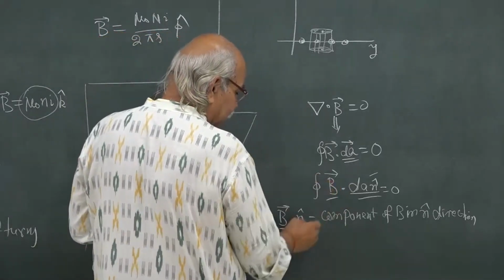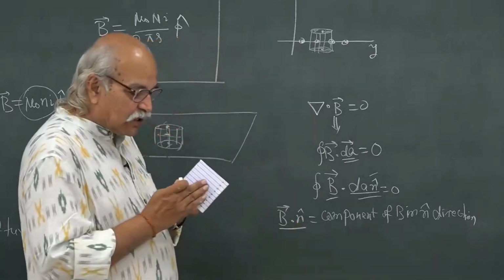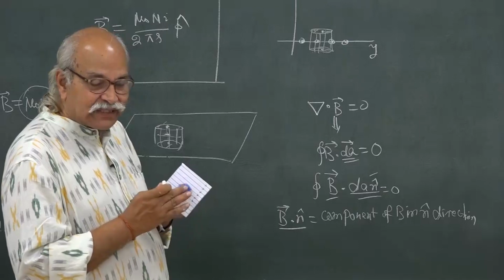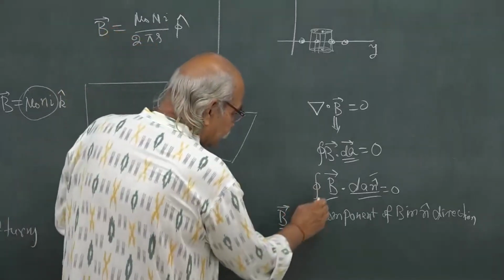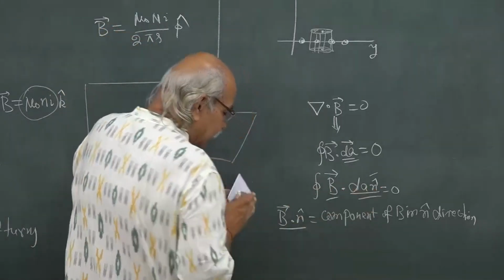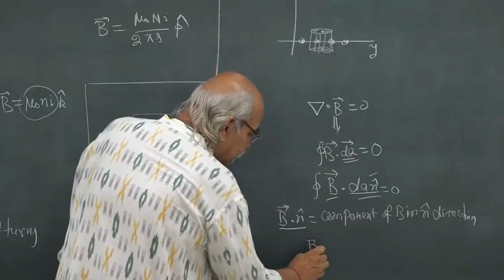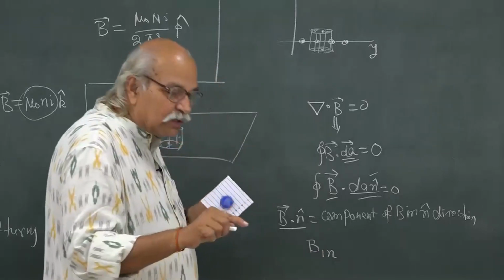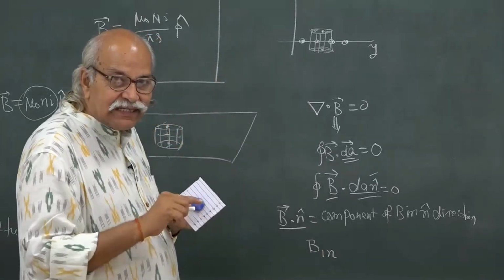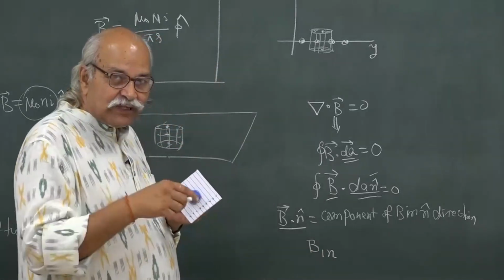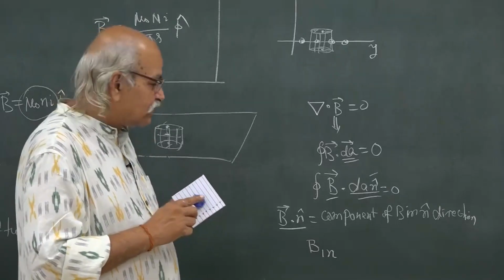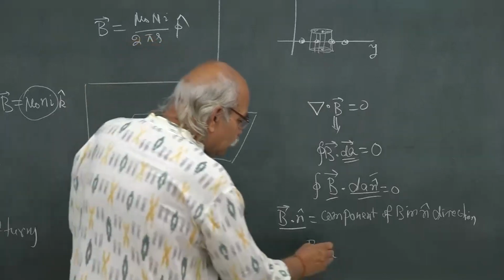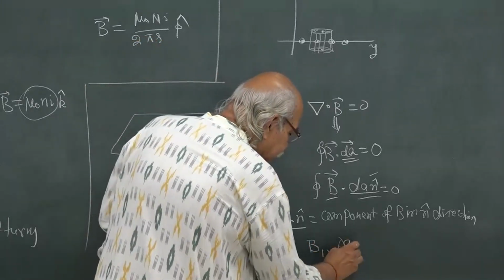This is on the closed surface. Now, on this surface I am trying to write this B dot dA, and this is side 1. So, on this surface it will be B1n, where n means normal component, and 1 because I am talking of this part. So, this is this part into this area delta A.